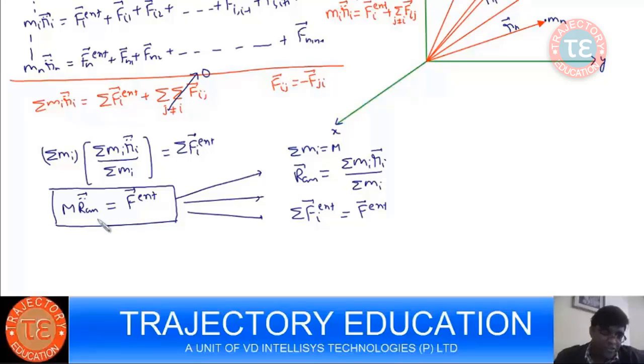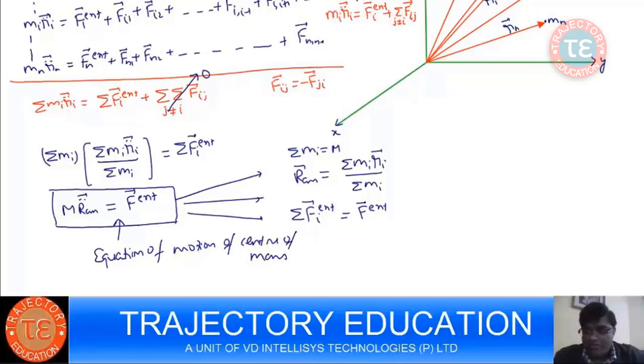This is telling you how the center of mass is going to move, how R_CM is going to vary, how the center of mass is going to move in space, how it is going to vary with time. This equation is the equation of motion of the center of mass.